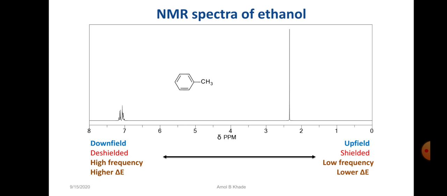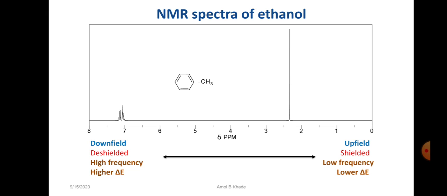Now we have certain set terminologies. For example, those protons which appear towards 0 or towards TMS are said to appear in the upfield region, and these are shielded protons.